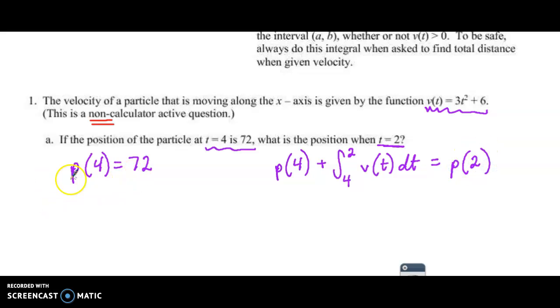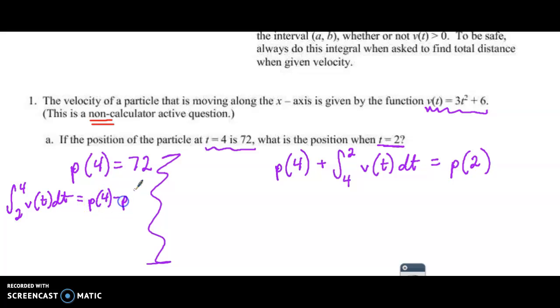If you need more of an explanation, I'll just do some scratch work off to the side. Just a reminder that the integral from 2 to 4, because we usually go from least to greatest, you don't have to, as you can tell I did not in that problem, is equal to P of 4 minus P of 2. Well, if my whole intent is to solve for P of 2, maybe what I will do is just add that to the left side, and then subtract this term to the right side.